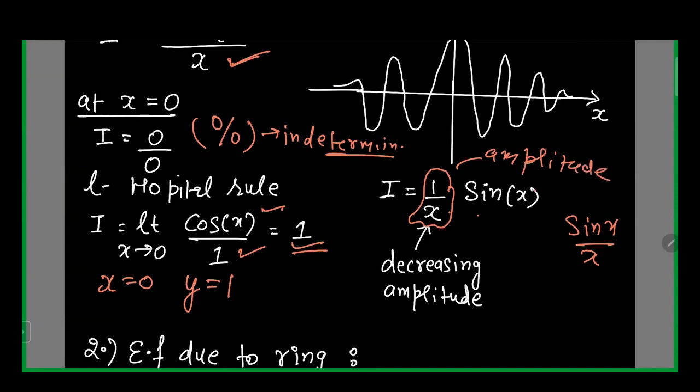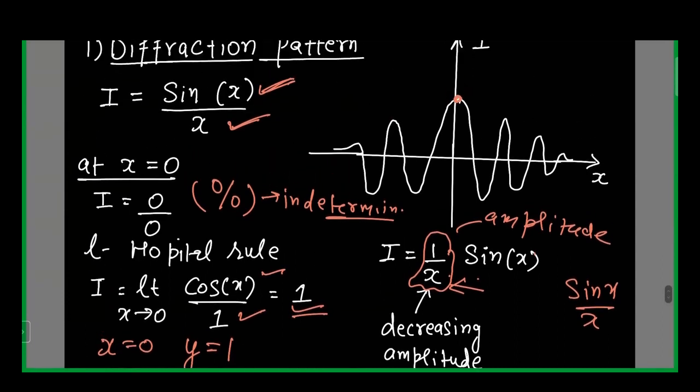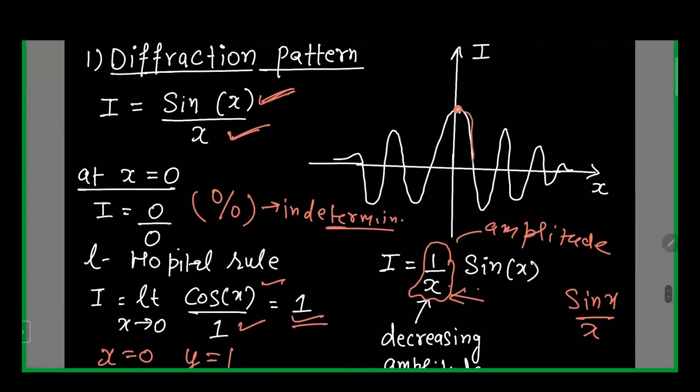You can clearly see, if I keep on increasing x, the amplitude will decrease. So now my graph will not be a normal sine graph, but its amplitude will keep on decreasing. You can clearly see the amplitude of my sine curve is decreasing. Similarly, on the negative side, the same thing is happening.